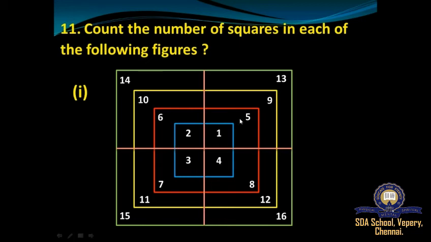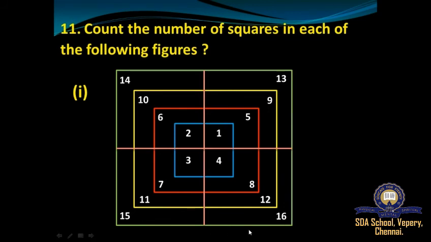So 1, 2, 3, 4, 5, 6, 7, 8, 9, 10, 11, 12, 13, 14, 15, 16. Okay, so there are totally 16 different squares. So this is one square, this is one square, third one is one square, fourth one is one square, fifth, sixth, seventh, eighth, ninth, 10th, 11th, 12th, 13th, 14th, 15th, and 16th.